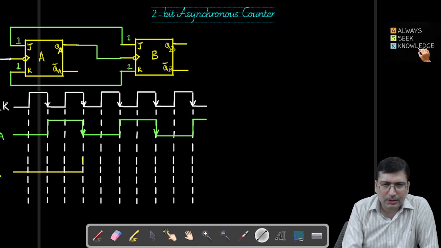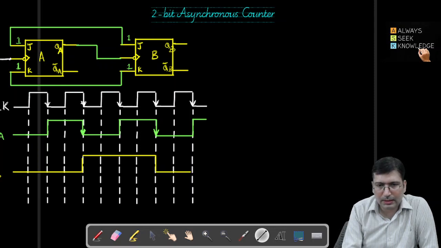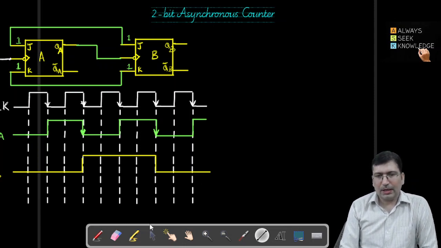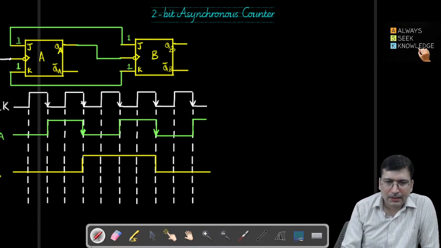Now it will toggle, so it will become high here, and it will remain at the high level till this negative edge is encountered, and then again it will toggle and become low, and then it will maintain the low level like this, right? So this is the timing diagram of the QB pulse, right?